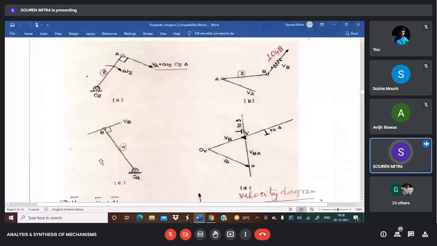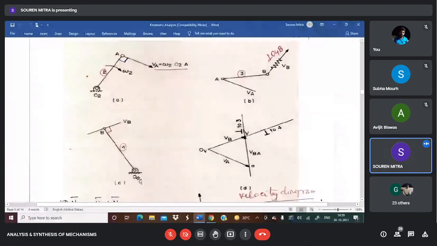So at point B, the direction of velocity is perpendicular to O4B, either towards right or left. We are not going for any conclusion at the moment.